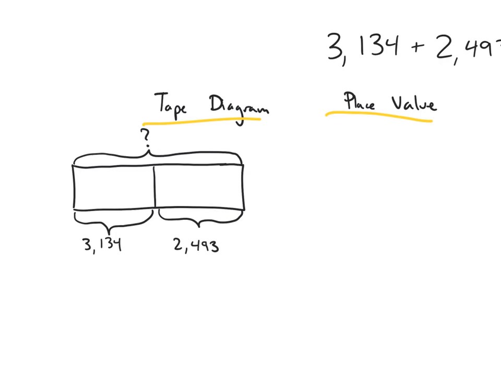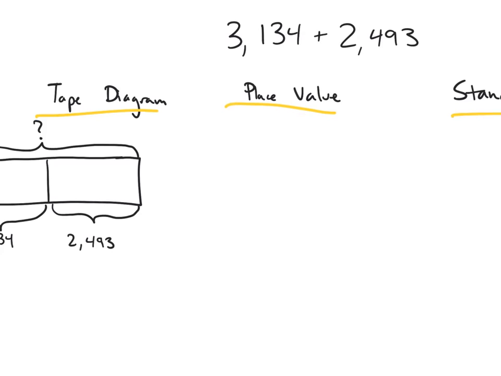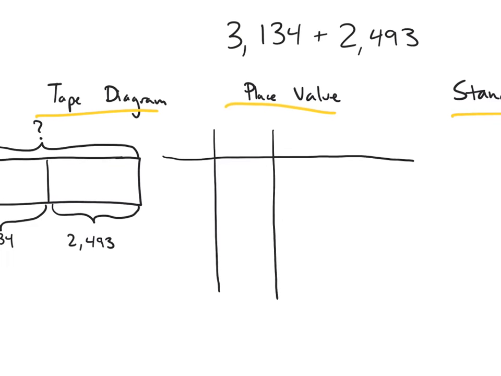So now that I have a good understanding of what this problem is actually asking me to do, I'm going to use a different strategy to start to add these two numbers together. I'm going to be using a place value chart to represent both numbers with disks, and I'm going to combine the two of them together to get my final answer.